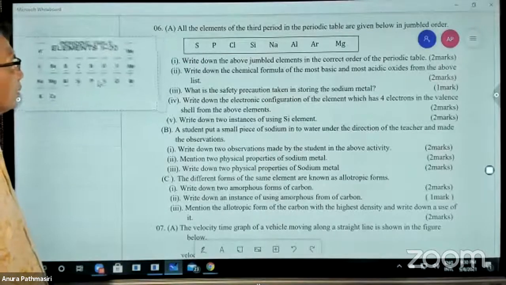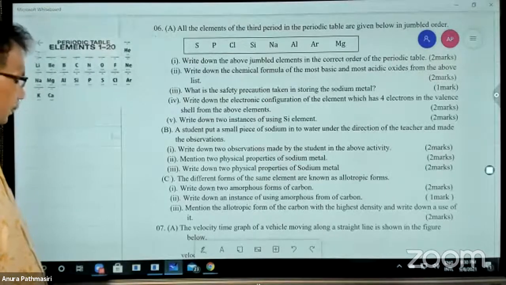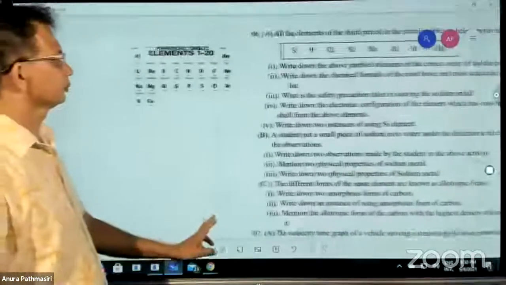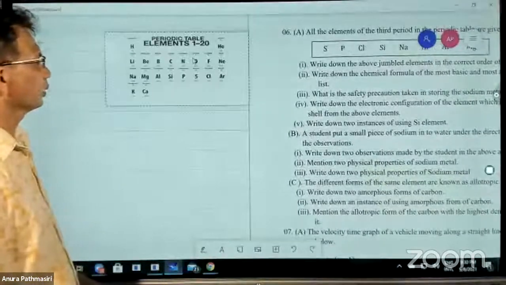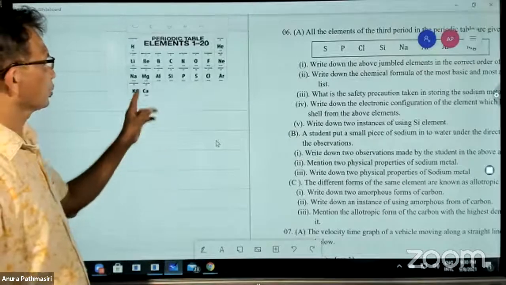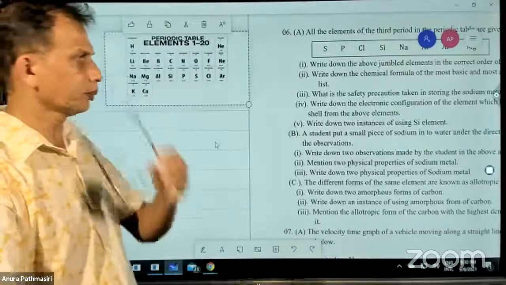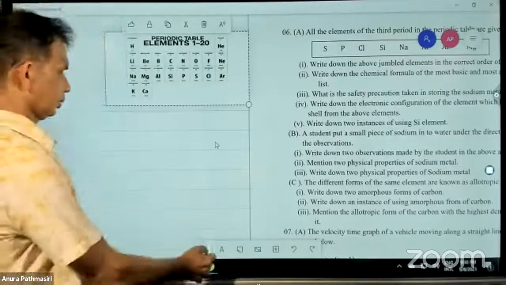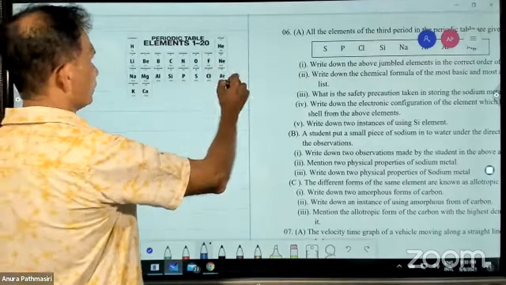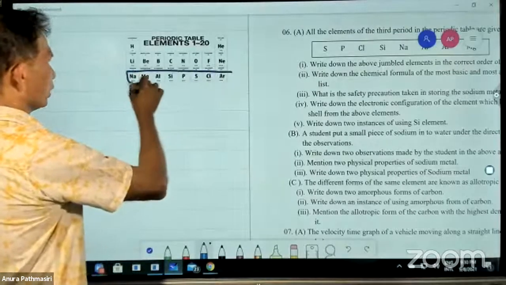As you can see, this is the periodic table, and you can find sodium, magnesium, aluminium, silicon, phosphorus, sulfur, chlorine, argon.